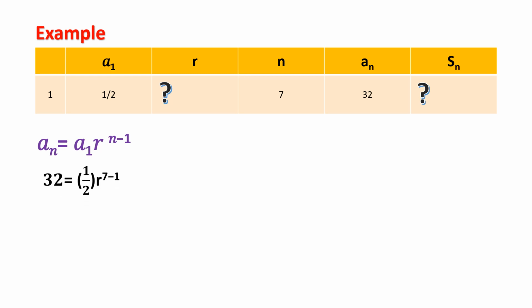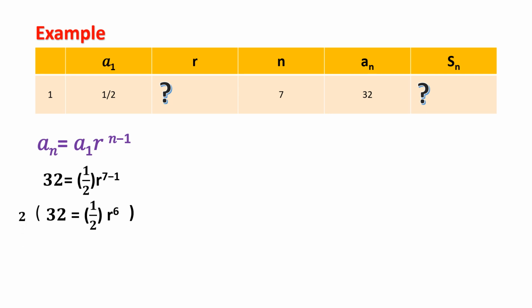So you do have there, the a sub n is 32, the first term is 1 half, the n is 7. So what is 7 minus 1? 7 minus 1 is 6. In this expression, for me to cancel the 1 half, I'm going to multiply it by 2.